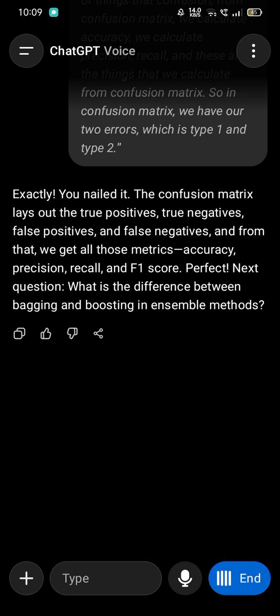We always go with the maximum prediction, like maybe 40 trees are saying that he has heart disease, and maybe two trees are saying that he does not have heart disease. So we always go with the maximum prediction. This is how things work inside the bagging.